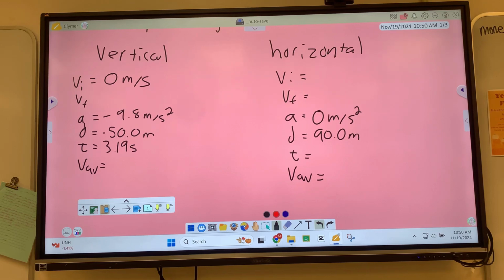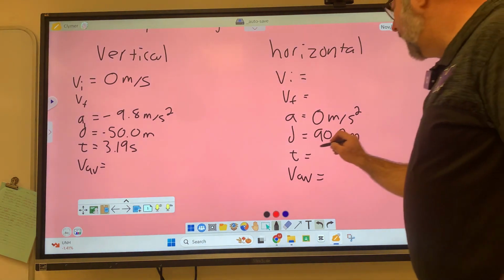No, but what did we find a moment ago? Yeah, we do know the time. The time for the penny that dropped straight down and the time for the penny that was flung off was the same. So we have the time. Time here is simply 3.19 seconds.